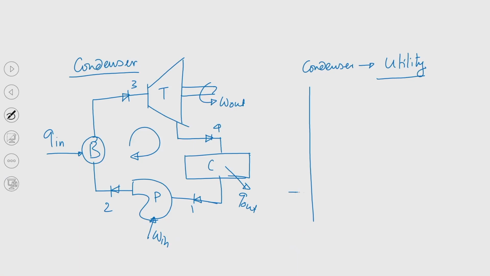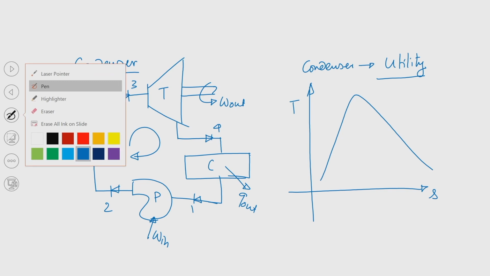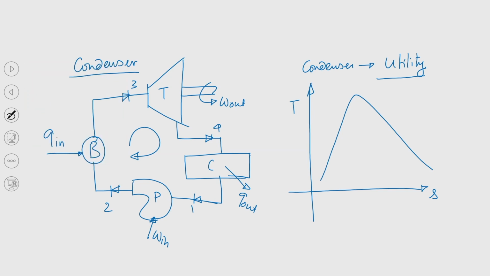So, if we try to draw the TS diagram, and if we draw the vapor dome, now if I draw the process line, so this is one process, let me draw it.